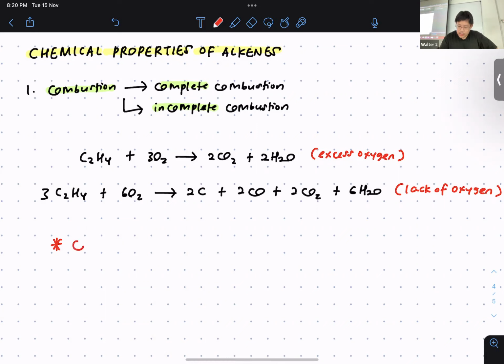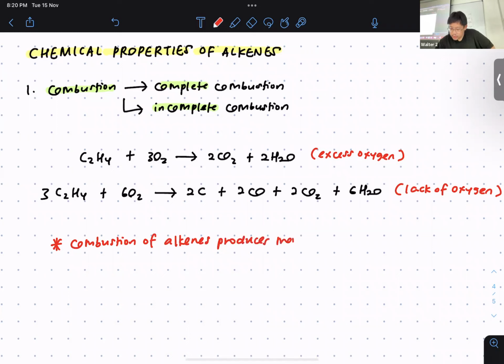So you put here: combustion of alkenes produces more soot compared to alkanes.